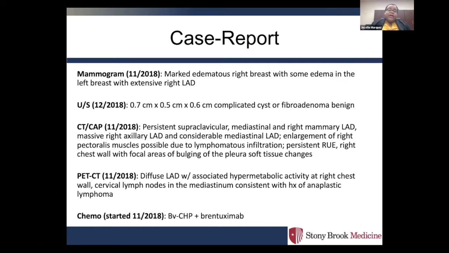There was enlargement of the right pectoralis muscle, possibly due to infiltration, and persistent right upper extremity and chest wall bulging of the soft tissues. A PET scan showed hypermetabolic activity of the right chest wall and cervical lymph nodes in the mediastinum, consistent with history of anaplastic lymphoma.